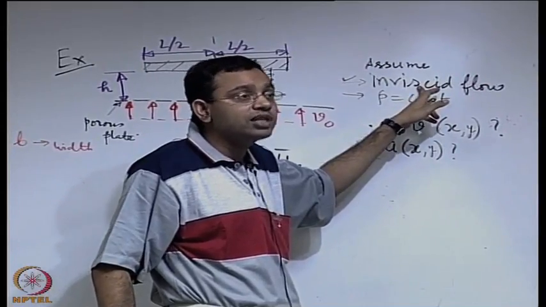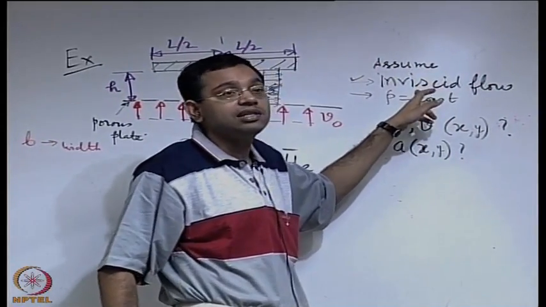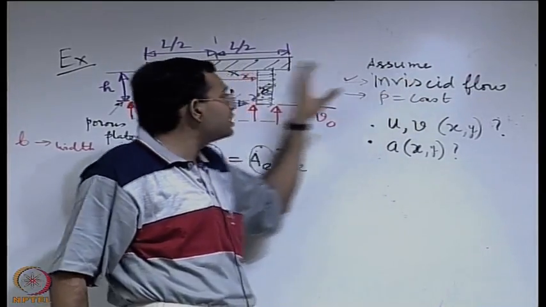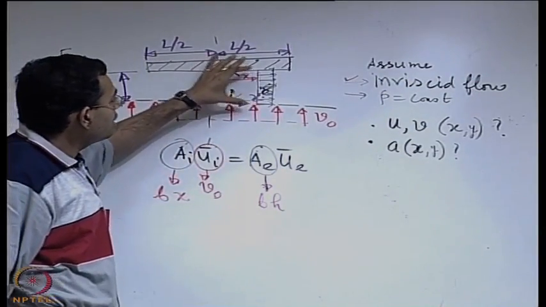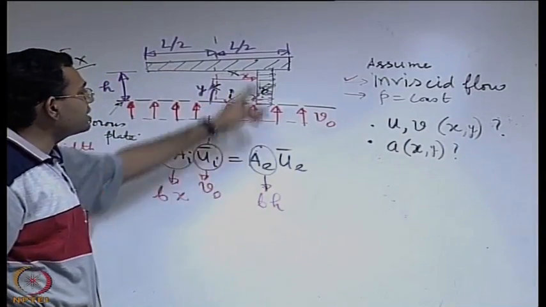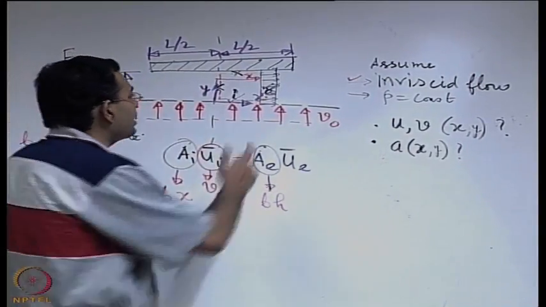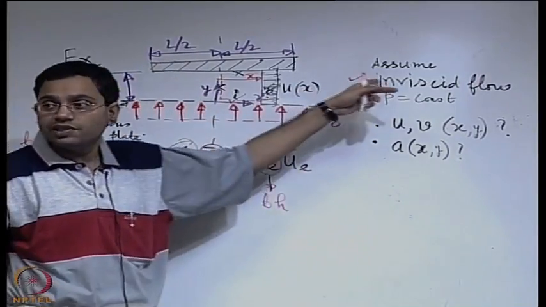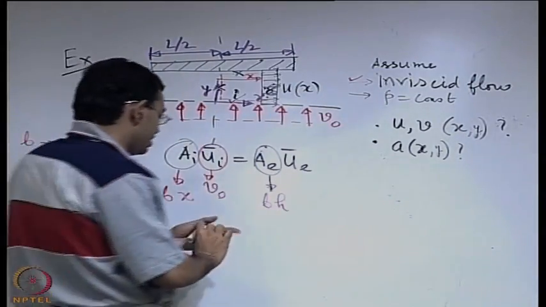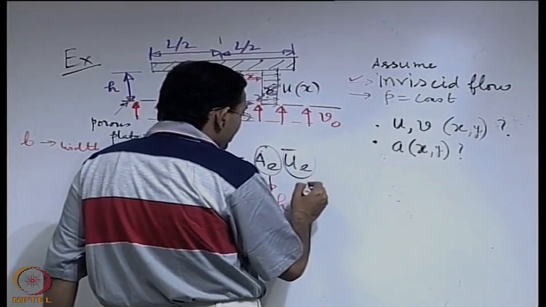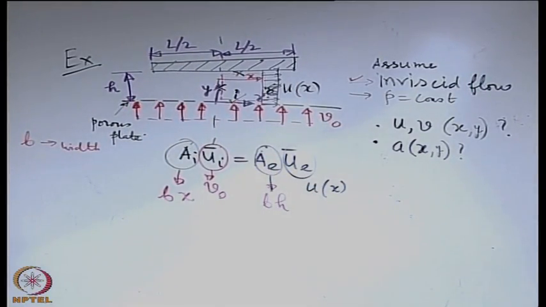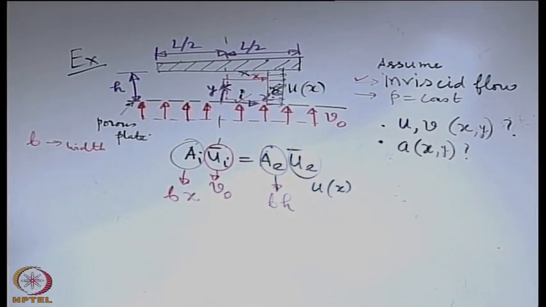You cannot have no slip and inviscid simultaneously. So there is some slip. This velocity does not vary with y, so u is just a function of x from the inviscid flow consideration.